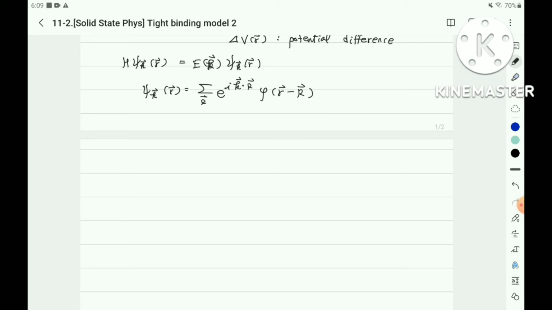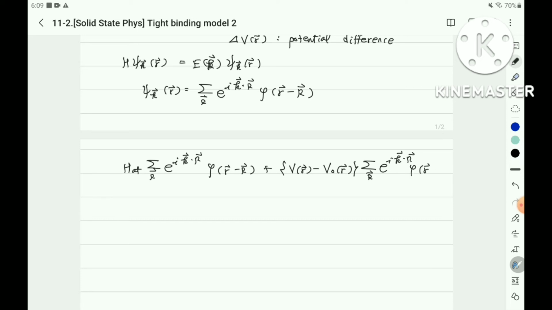Here, let's substitute this wave function into the eigenvalue problem. The first term is the atomic Hamiltonian acting on the summation over R of exponential i k dot R and phi(r minus R). The potential difference is V(r) minus V0(r) acting on the same wave function, and the right side is the energy epsilon_k times the summation over R of exponential i k dot R and phi(r minus R).